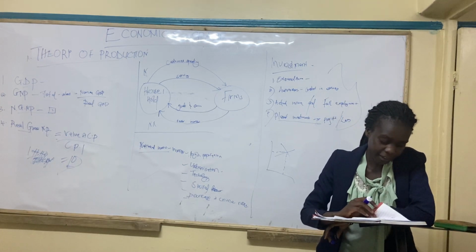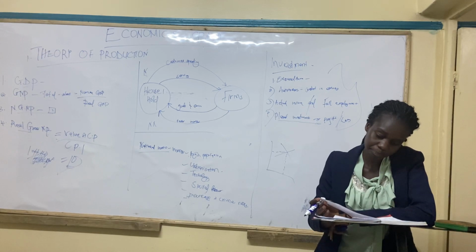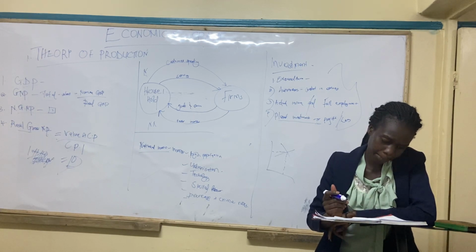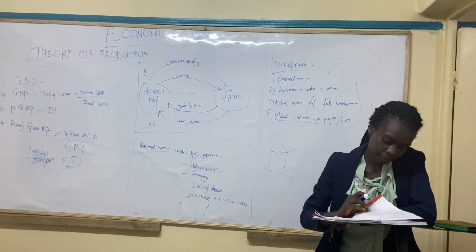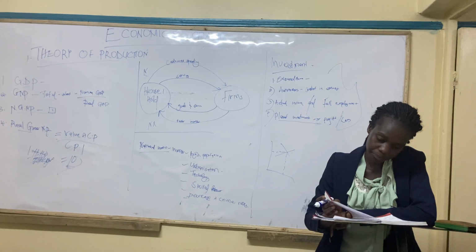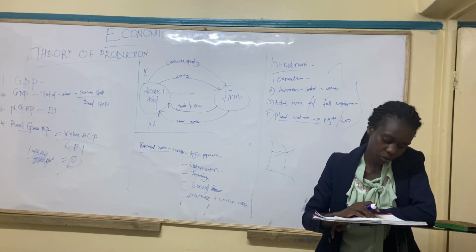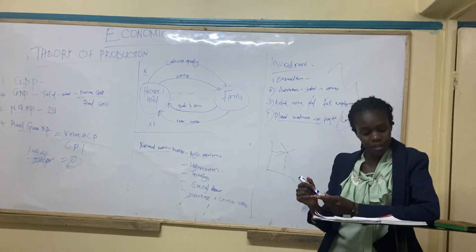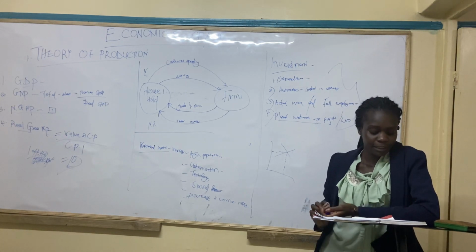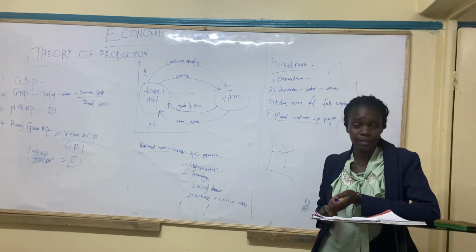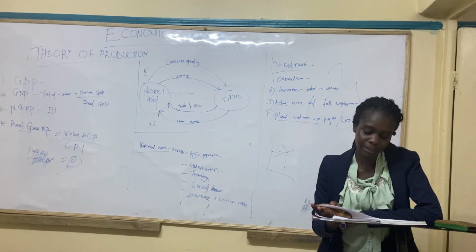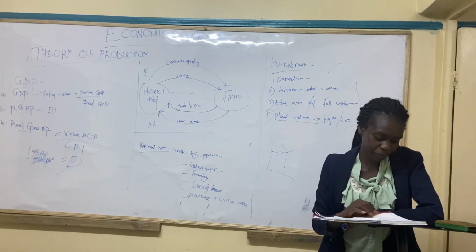So there are income models. There are two examples of income models. The first one is the spendthrift economy, and the second one is frugal economy.